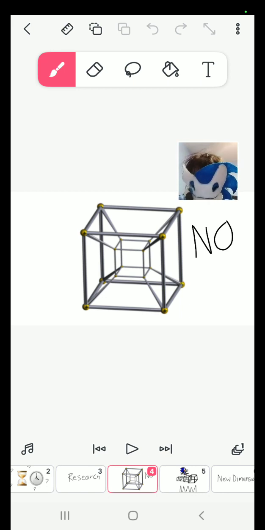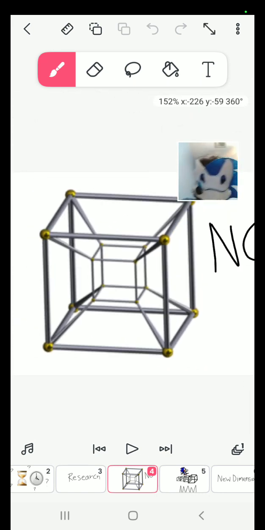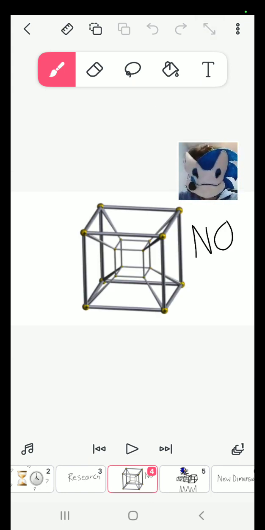Let's just throw a cube inside of a cube and connect lines together and rotate it around, try to make this neat perspective trick. But that's all it is. It's just a trick of the eye to make you believe that you're staring at something that's foreign that doesn't exist in reality.